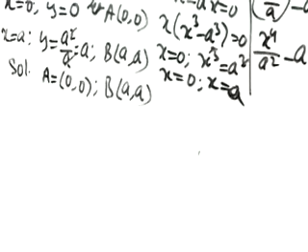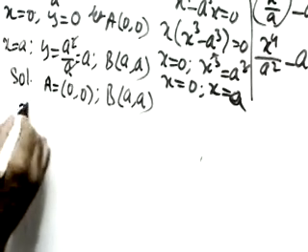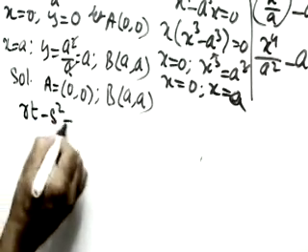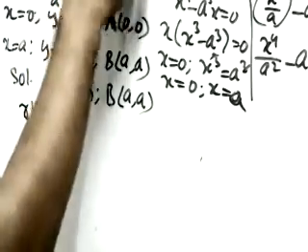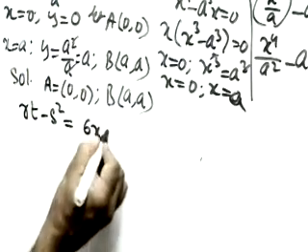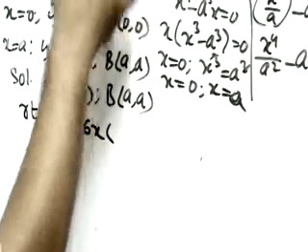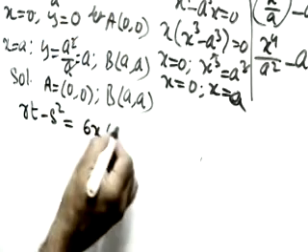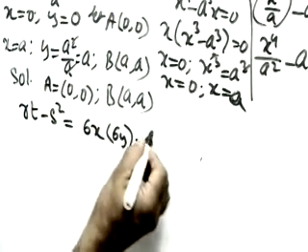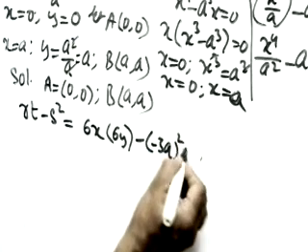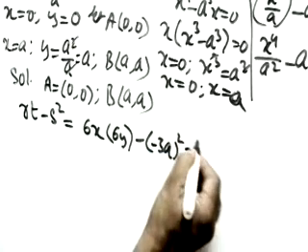Now to see whether we get maximum or minimum, we have to find rt minus s square. Now let me substitute. R is 6x, as on the board, so r into t, where t is 6y, minus s, which is minus 3a, whole square.